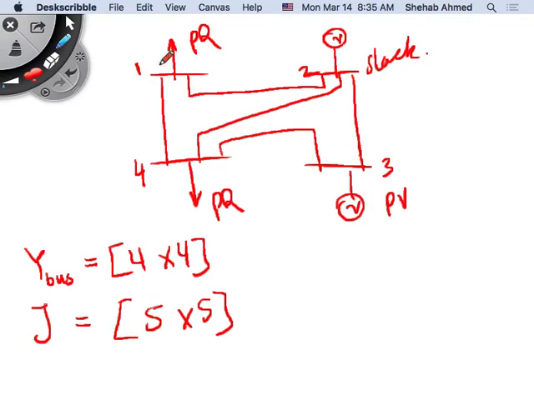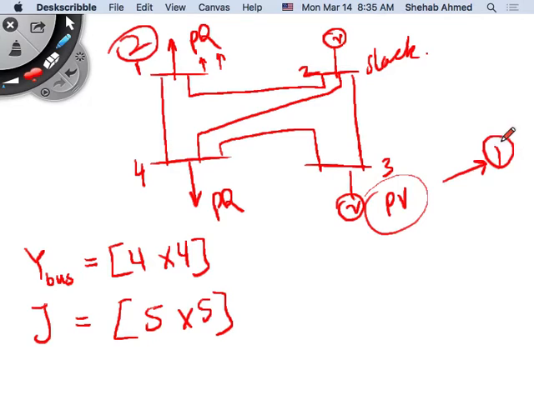At a PQ bus, I have two equations I can use: the P equation and the Q equation. At a slack bus, I don't have P or Q, so I cannot use any of the power flow equations. At a PV bus, I can use one equation. At a PQ bus, another two equations. So 2, 4, 5. It's a 5 by 5 Jacobian matrix.